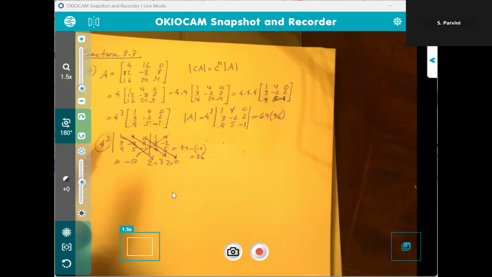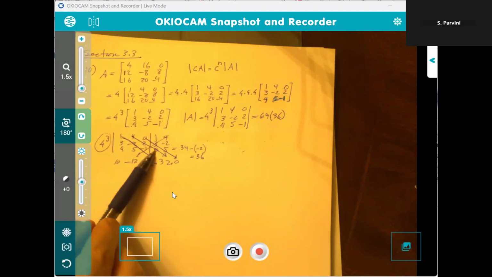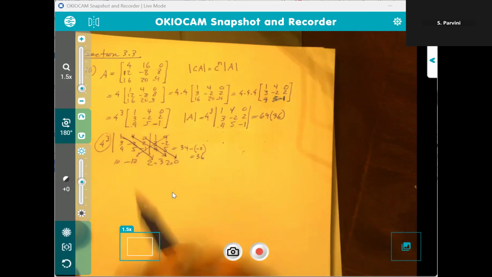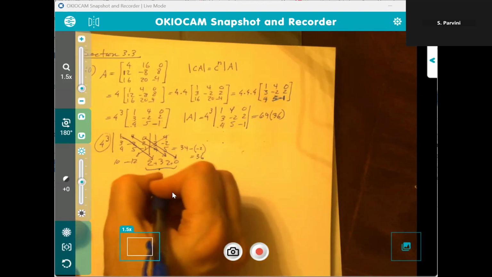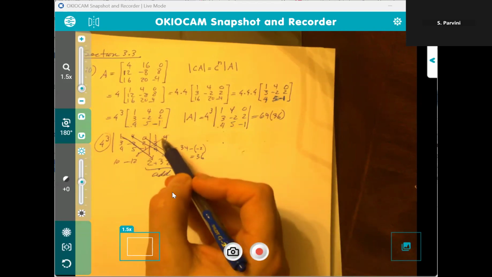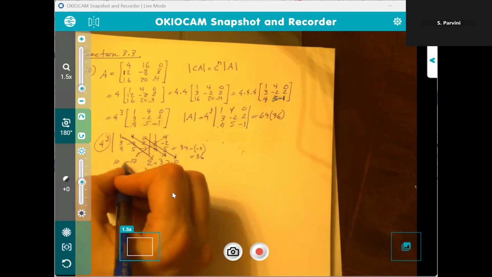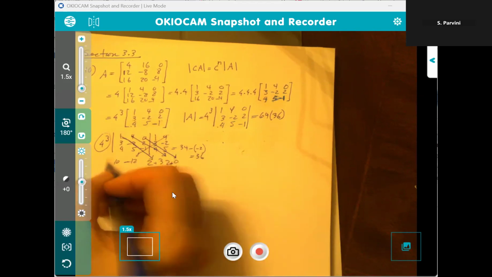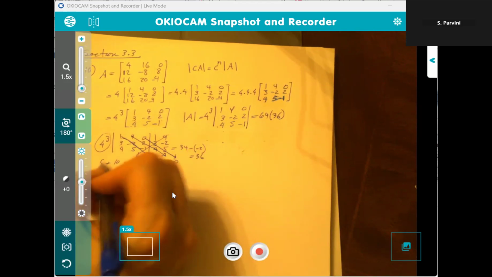You multiply numbers in the diagonal here. 1 by -2 by -1 is 2. 4, 2, 4, the product is 32. 0, 3, 5, the product is 0. And then you add these numbers. Then we look at the products going in the other direction: -12, then 1, 2, 5 is 10, and 0, -2, 4 is 0.